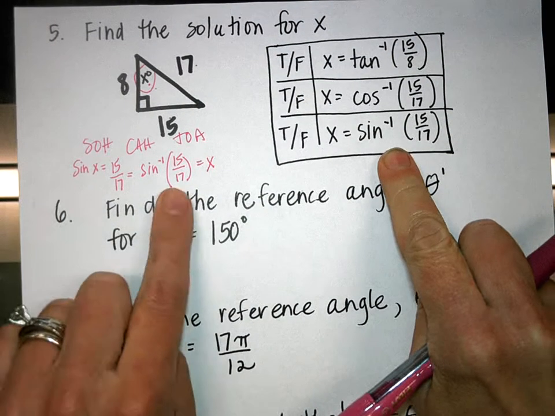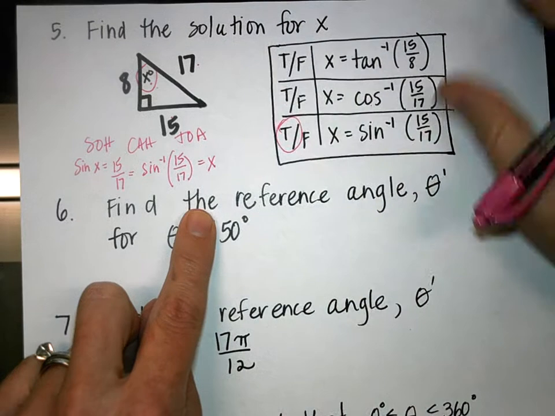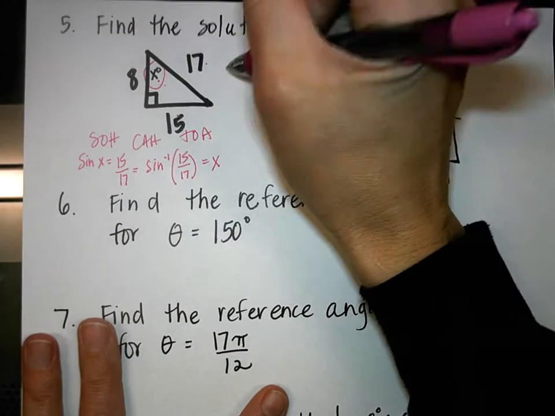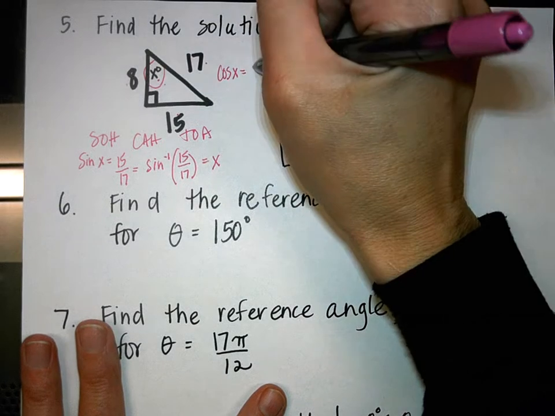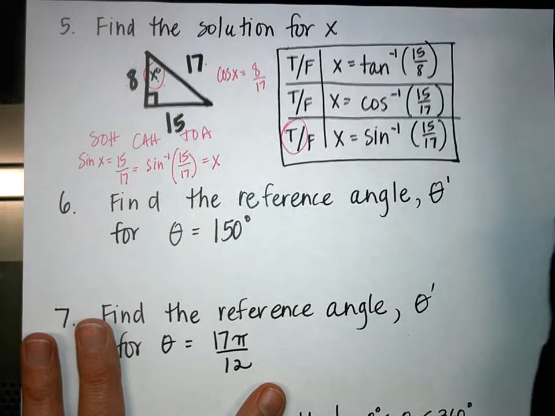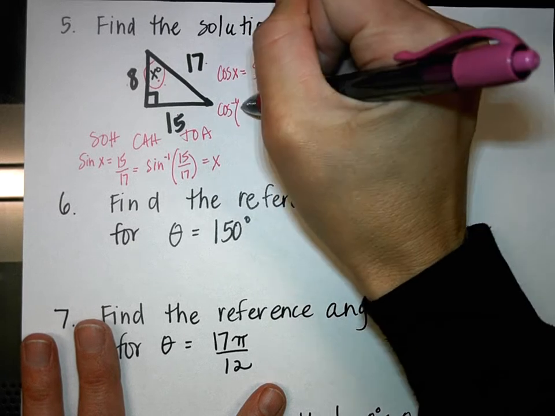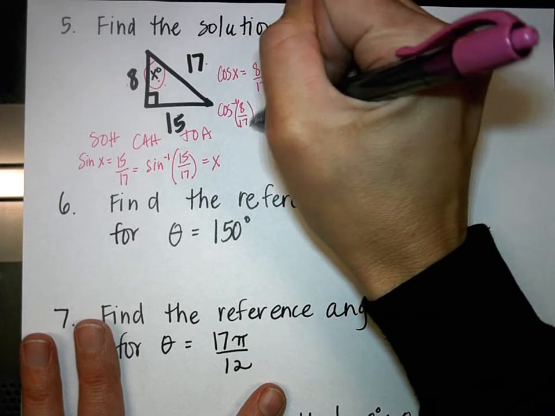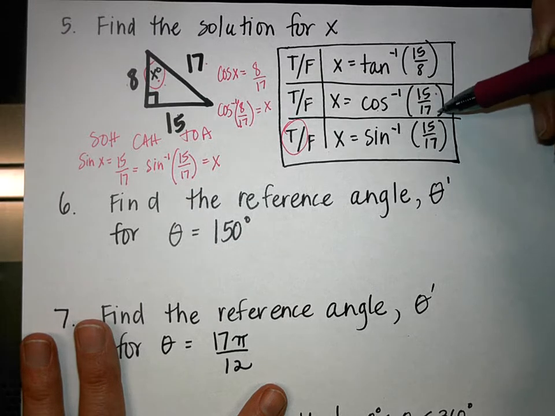And so for my sine function, if you look, that does match up, so this one is true. Okay, so for cosine now, cosine of x equals adjacent, which is 8 over 17. For cosine, it would be cosine to the -1 for finding the inverse of 8 over 17 equals x. On this cosine, it has 15 over 17, which is not true.